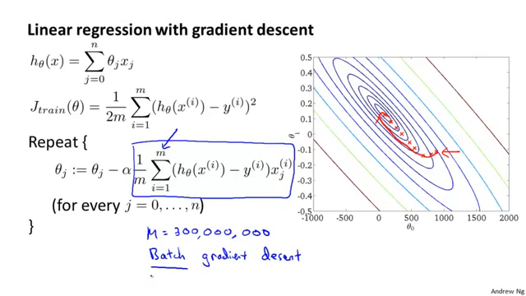And if you imagine that you have 300 million census records stored away on disk, the way this algorithm works is you would need to read all 300 million records into your computer memory in order to compute this derivative term. You need to stream all of these records through the computer because you can't store all your records in memory. So you read through them and slowly accumulate the sum in order to compute the derivative.